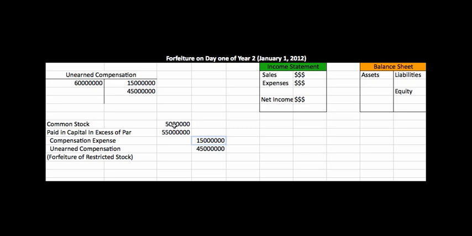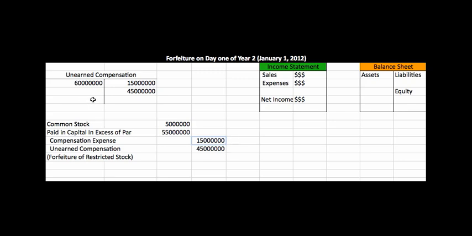We simply take the $15 million compensation expense that we had recorded in the first year, and we reduce that going forward. So in essence we have a negative, if that makes any sense, compensation expense for $15 million. Might not be too logical, but that currently is the way the profession handles forfeiture of restricted stock.